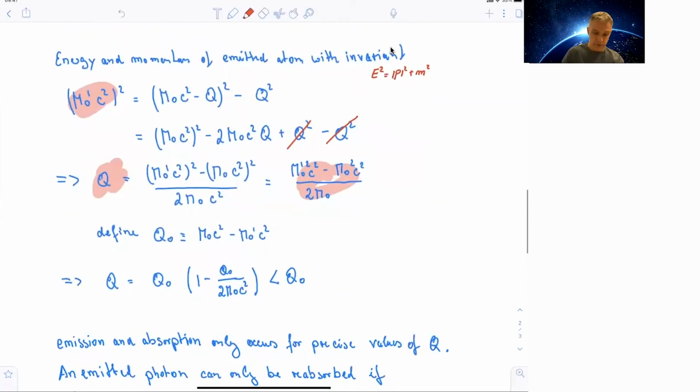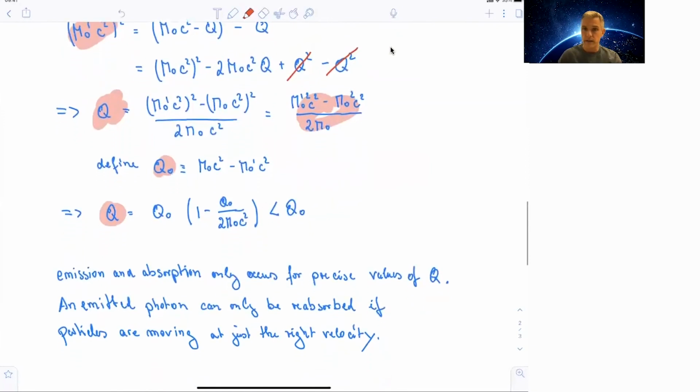If you now define Q0 as the difference of the masses times c squared, then you can write the energy of the photon as Q0 times 1 minus Q0 over 2m c squared. And that's always smaller than the difference in masses. All right.